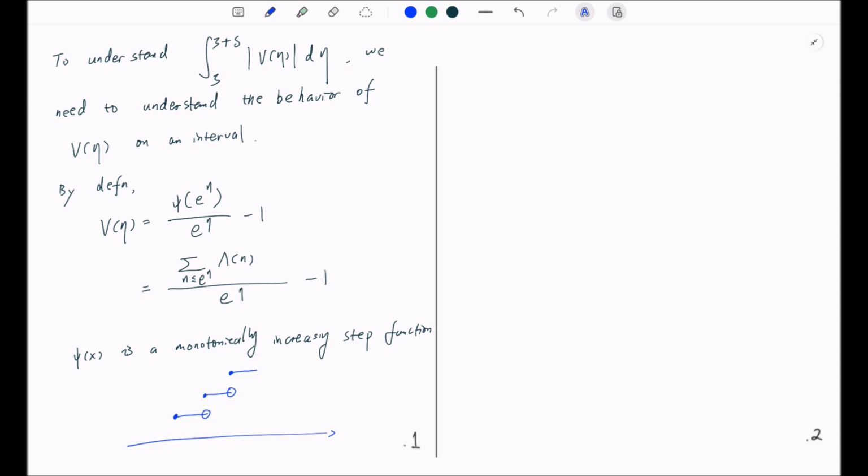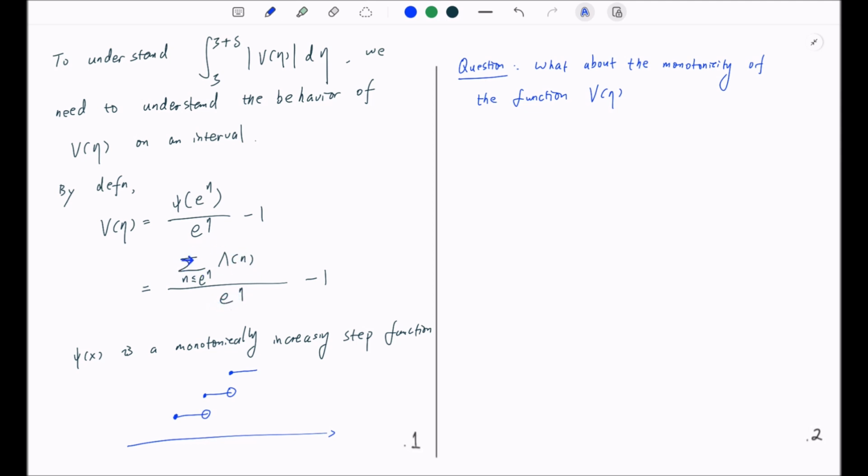Now, what about the monotonicity of the function v of eta? By looking at the expression of this function, you can easily see that as eta grows continuously, the denominator will grow continuously.